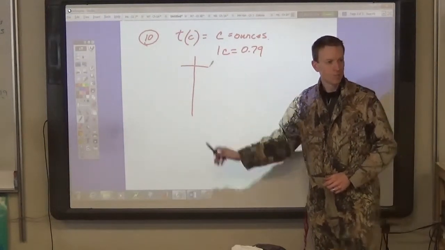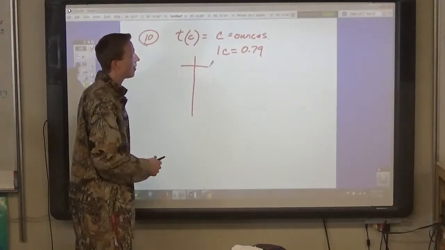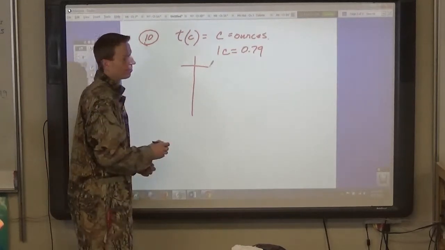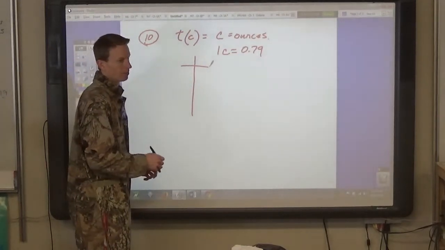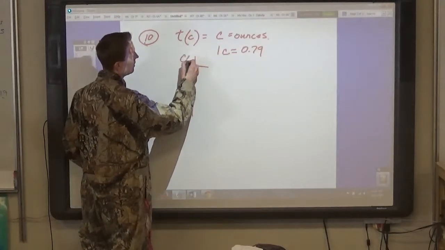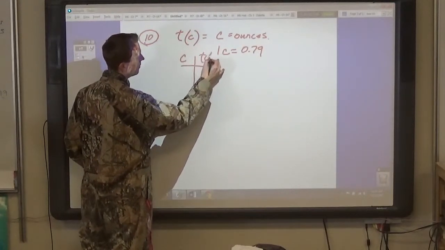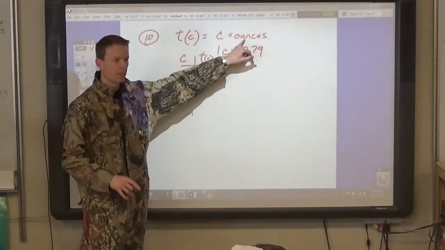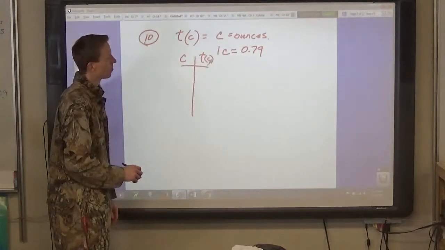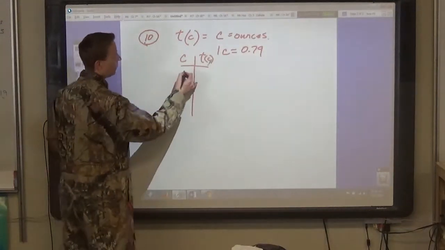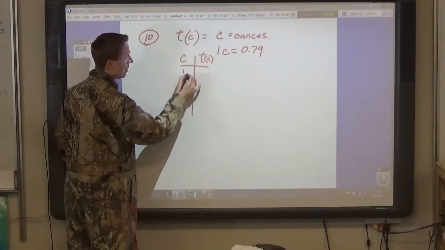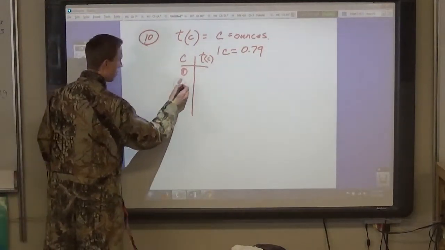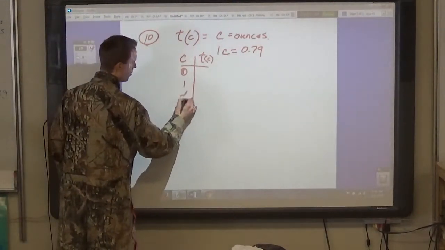I'm following along. Okay? So, Christina, how could you make a chart of this situation? So if this is C and this is T of C, the total cost, we'll put 1, 2, and 3 on the C side. Okay, let's start with 0, because that's going to help us. 0, 1, 2, and 3.